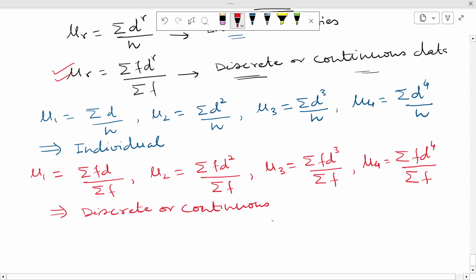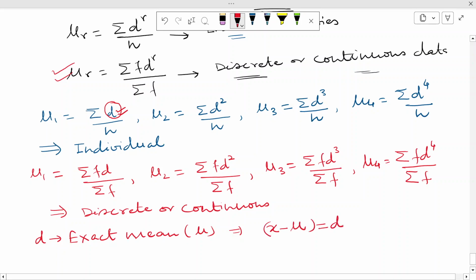Okay, so the important thing, as we discussed in the beginning, is this deviation. The calculation of the moments, or the categorization of the moments, totally depends on this d. If you are calculating this d from the exact mean, which we generally represent by mu, then you are calculating this as x minus mu.